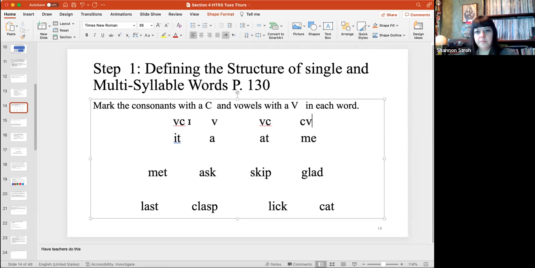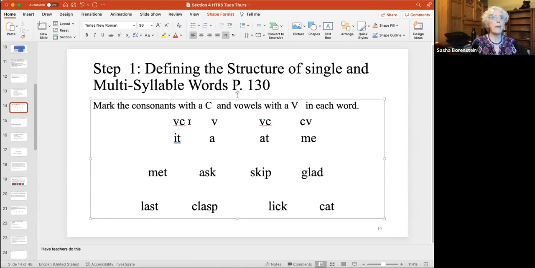Okay. So here we have some of the most basic high frequency words, and they are open and closed syllables, aren't they? That's pretty interesting, isn't it? So that tells us if we teach about open and closed syllables, a lot of those words make sense to our students. Okay, thank you, Shannon.